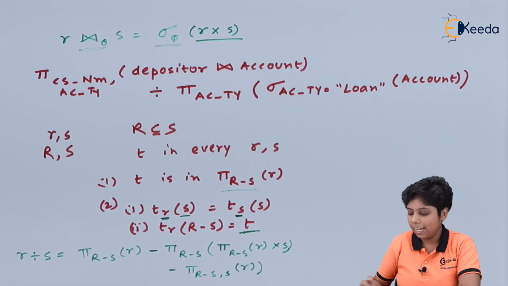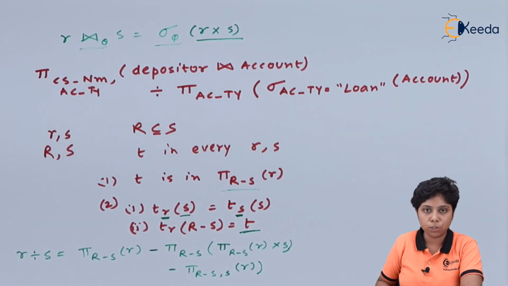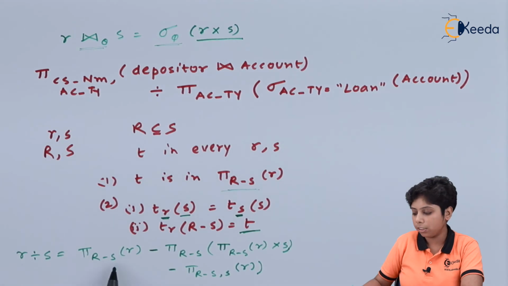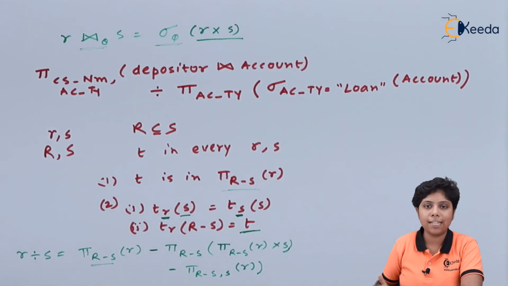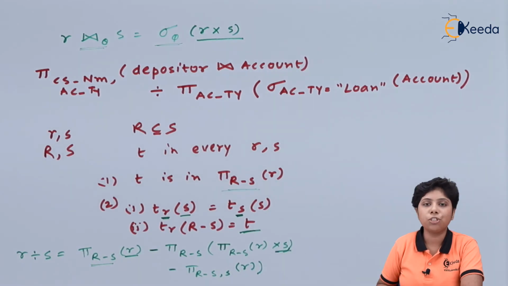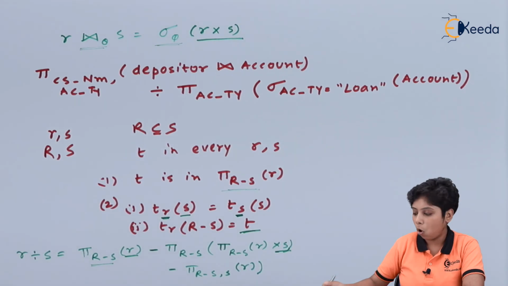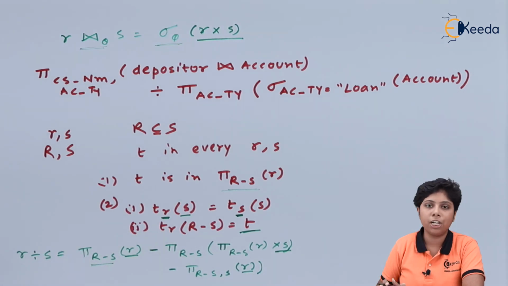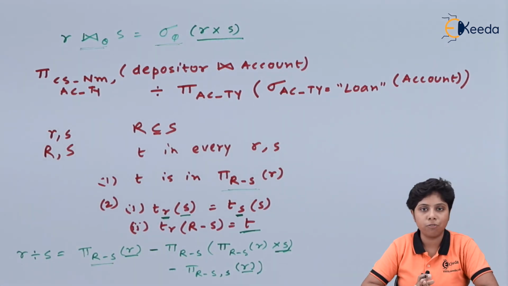So here we can see that R divided by S will be equal to, first we need to fetch all tuples that exist not in S but in R, in this R relation, and then subtracting the values that we get from a natural join or Cartesian product with that value, and again subtracting it with all the tuples that exist in S along with the difference operation of R minus S on this R relation, so that we can subtract the value from this R relation and we get the division operation result.